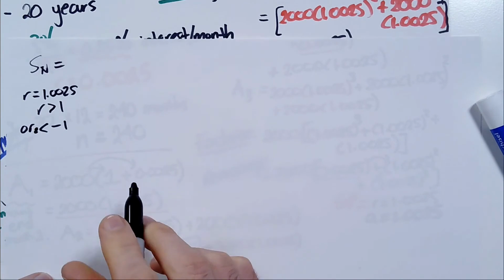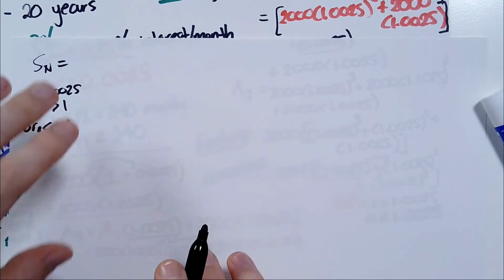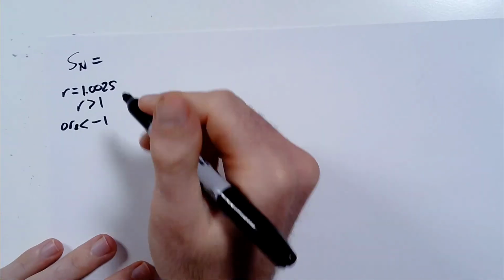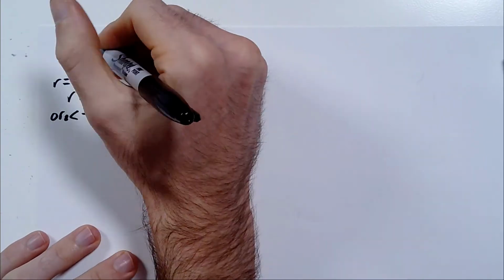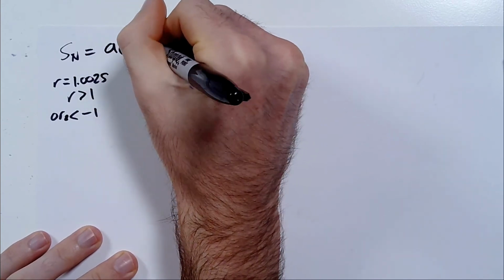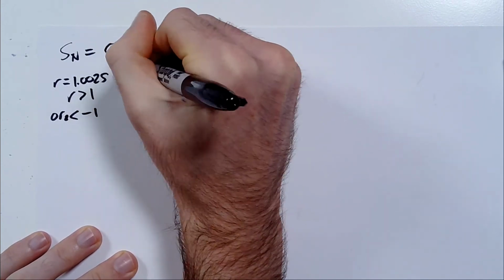The sum of a GP is going to equal, and I'll just take this sheet away, and watch our other video on the sum of a GP if you're confused at all by this. It's going to equal A times R to the N minus 1, over R minus 1.